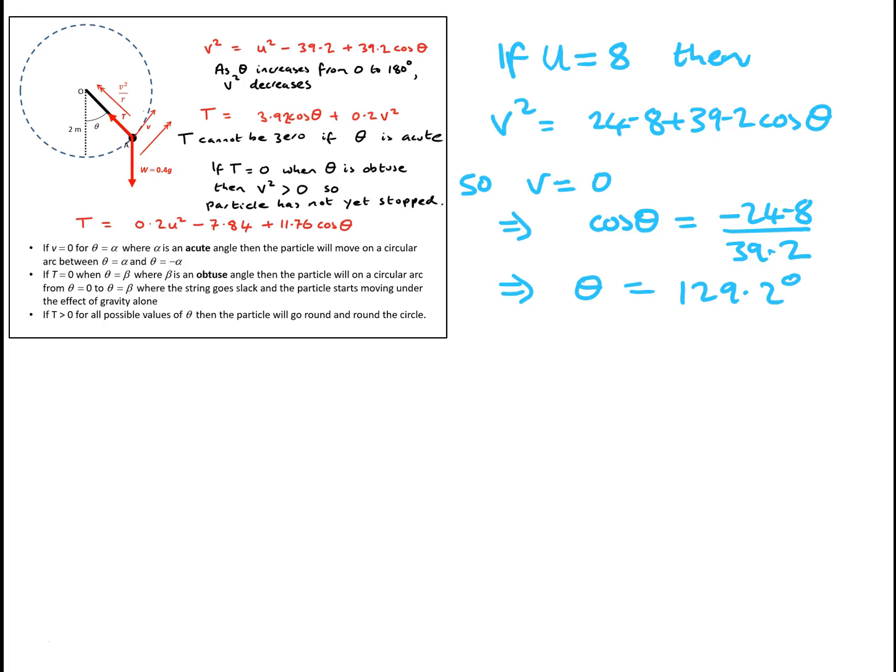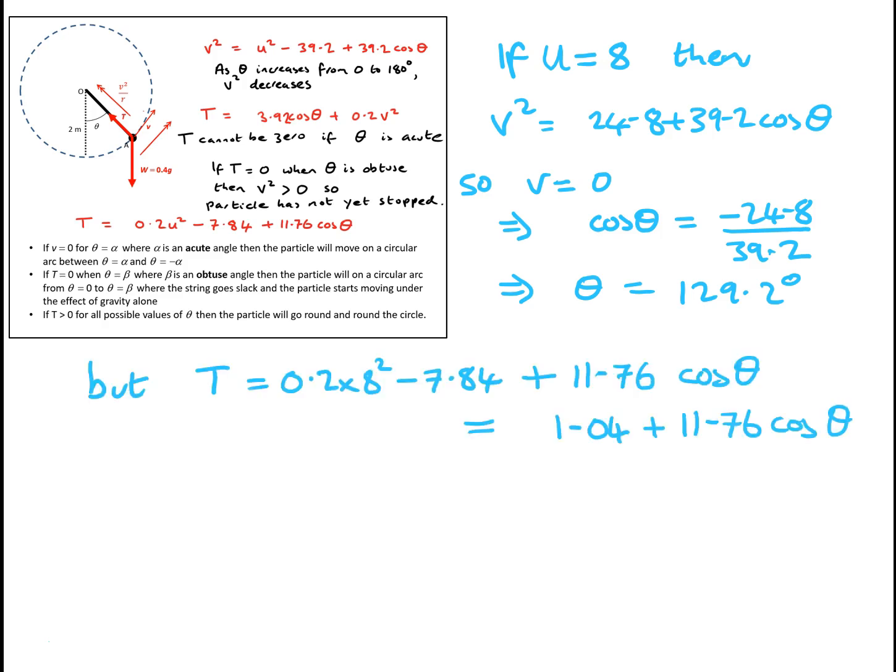So we need to look at the t equation, and the t equation is t equals 0.2 times u squared, so that's 0.2 times 8 squared, minus 7.84 plus 11.76 cos theta. In other words, I've got t equals 1.04 plus 11.76 cos theta.